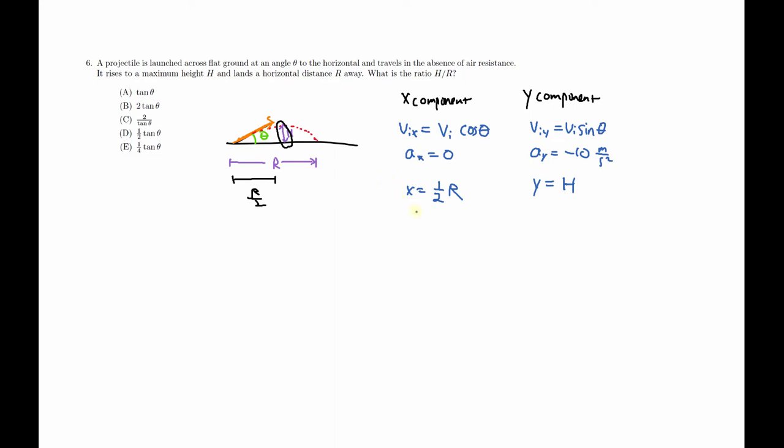We need time, but time is shared for both x and y, so I'm gonna write just t there. And final velocity is important in the y component. Why? Because at that height, it's not moving in the y direction. For the x component, it has a constant velocity throughout the projectile motion, so we can simply ignore that.